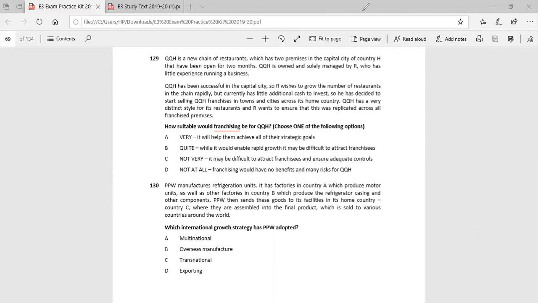PPW manufactures refrigerated units. It has factories in country A which produce motor units, as well as other factories in country B which produce the refrigerator casing and other components. PPW then sends these goods to its facilities in its home country, country C, where they are assembled into the final product, which is sold to various countries around the world.